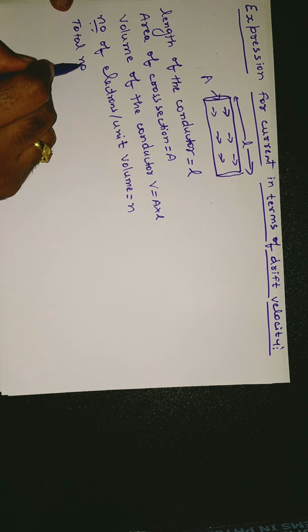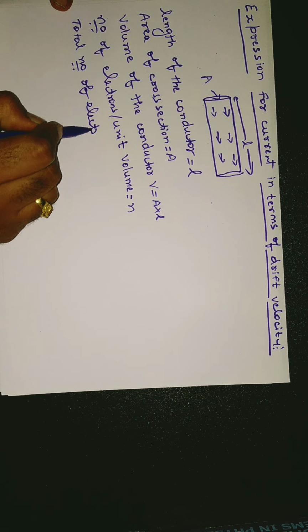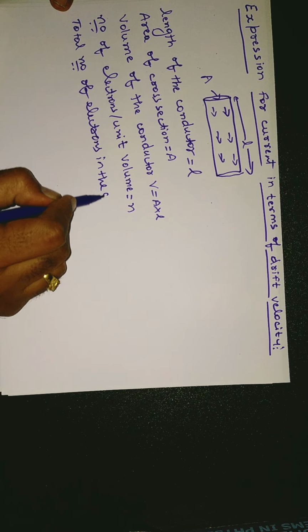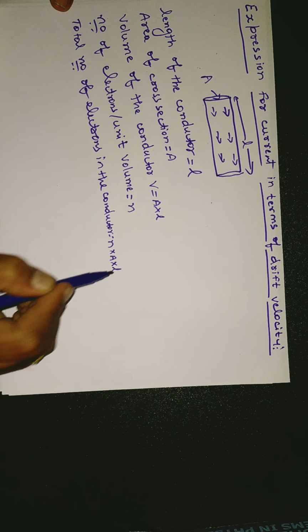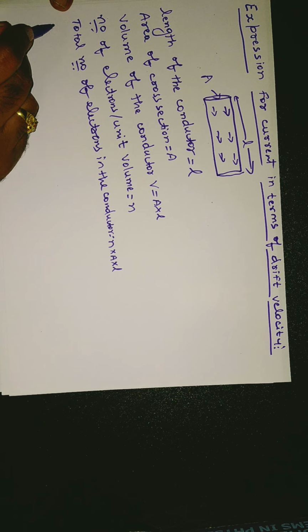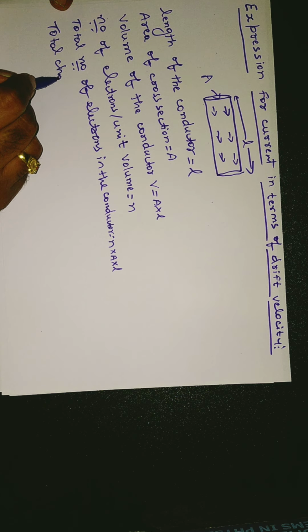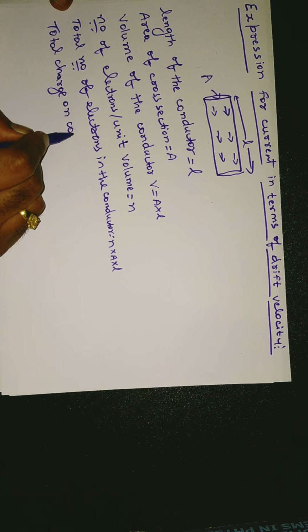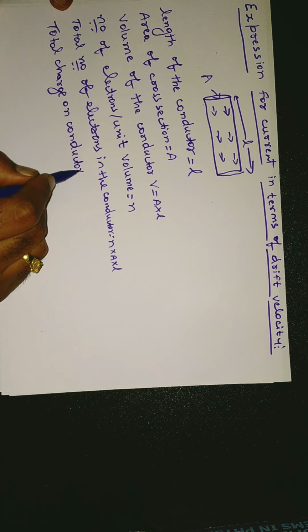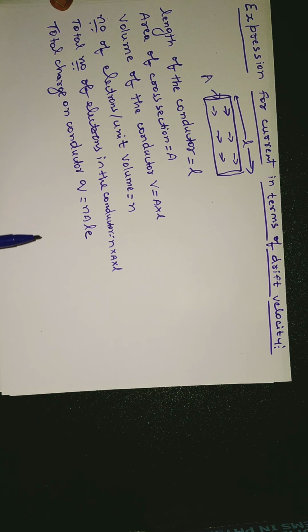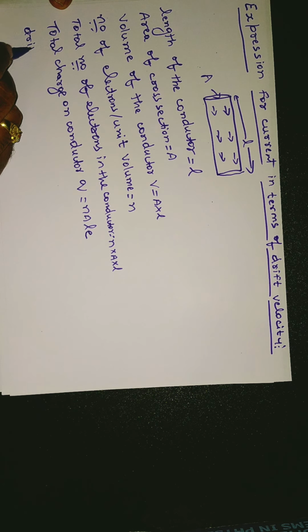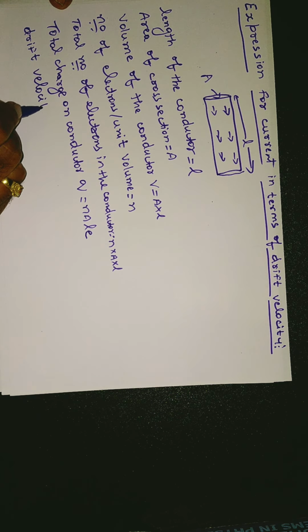Total number of electrons in the conductor is the number of electrons per unit volume multiplied by the volume, N into A into L. Total charge on the conductor, you can call it Q, is the number of electrons multiplied by the charge on each electron, N into A into L into E. Then the drift velocity of electrons, we shall call it Vd.